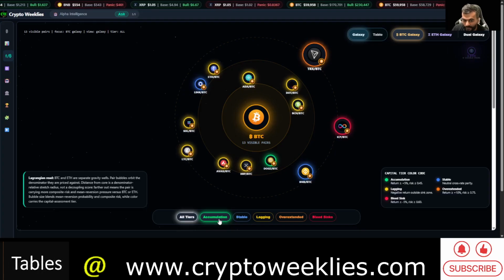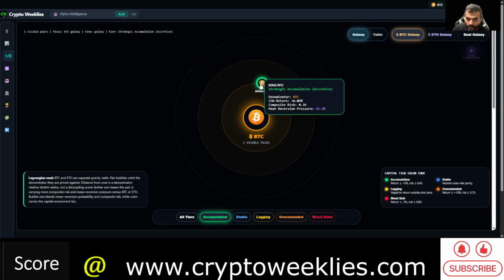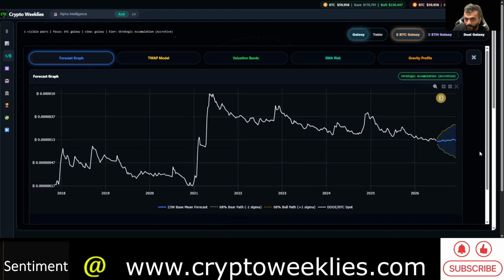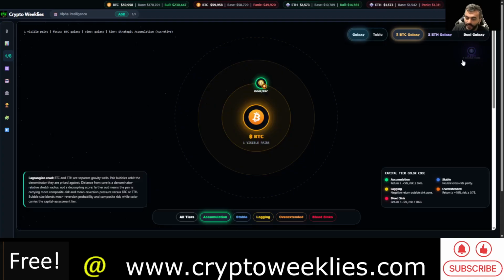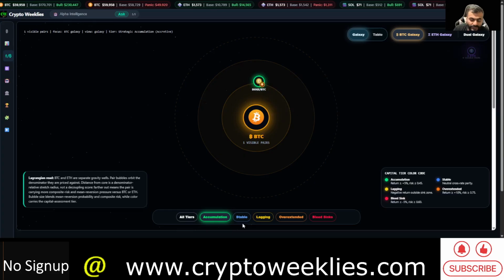So for example, accumulation is anything which has, based on the machine learning based models that we grow on site, such as the forecast graph, the composite growth forecasted by the mean forecast of the 23 weeks or the next 6 months greater than 5%, and risk less than 50% or 0.45 to be precise.